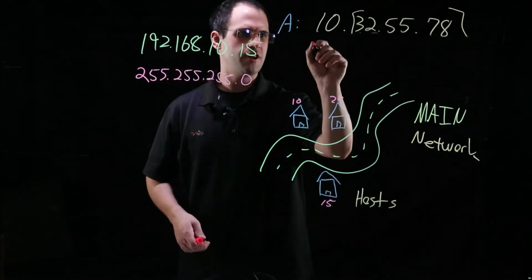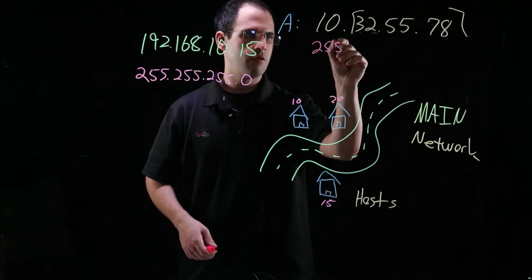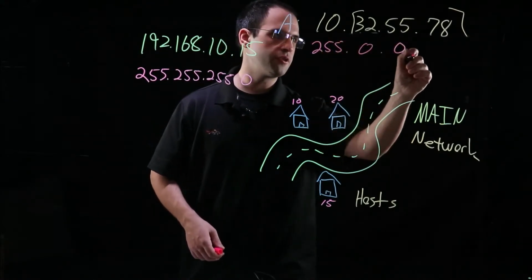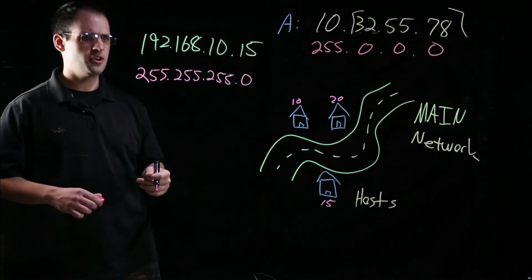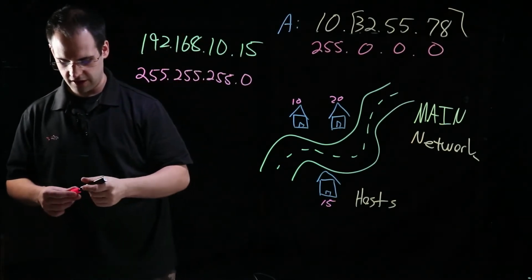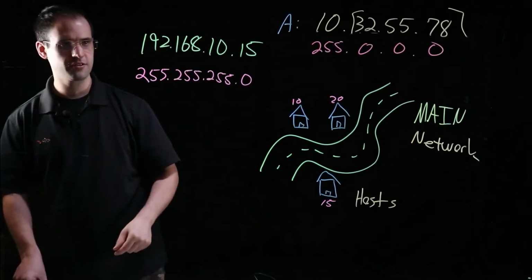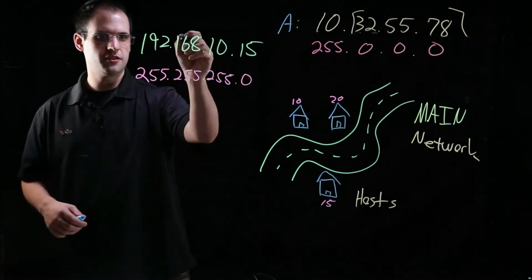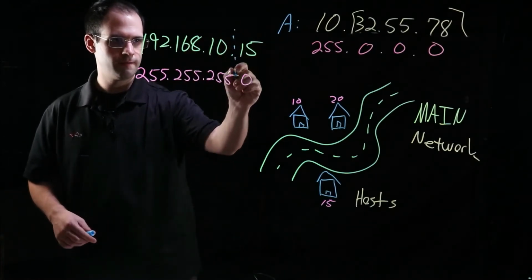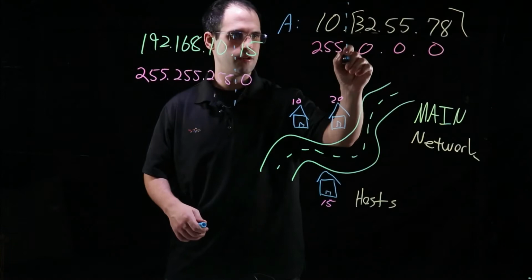And in an A class, we said 255.0.0.0 is our subnet mask. Taking a look at this, we can actually see our subnet mask line up with where our network exists and where our hosts exist. So we draw a dotted line here and here.